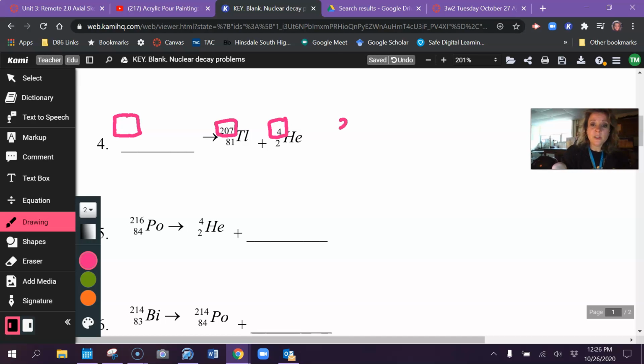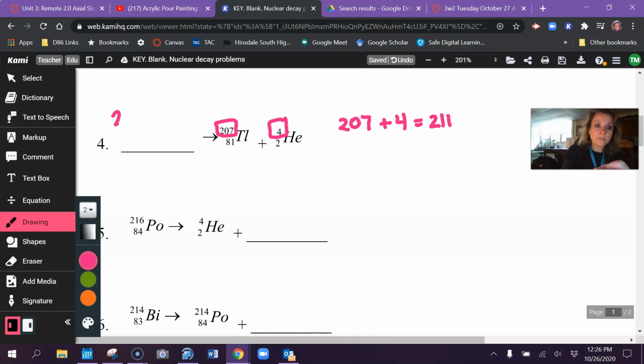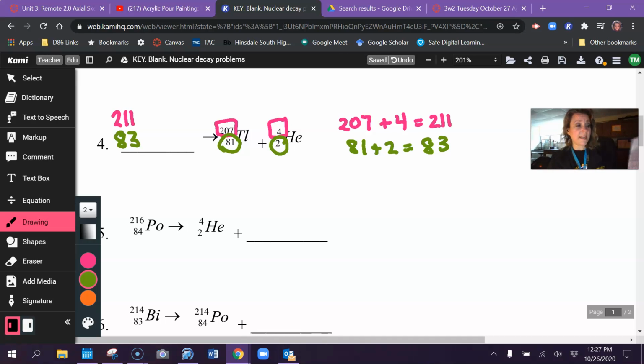So all I have to do is add 207 plus 4, and what I get is 211. On the bottom, 81 plus 2 is equal to 83. So that is my atomic number. And now I'm going to use my atomic number, 83, to figure out what my element is.